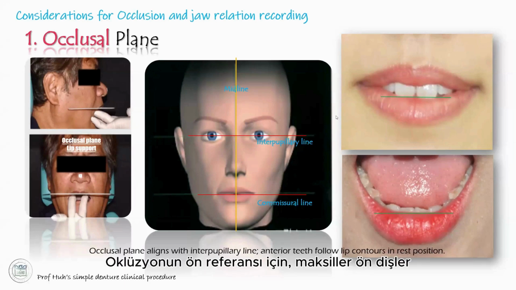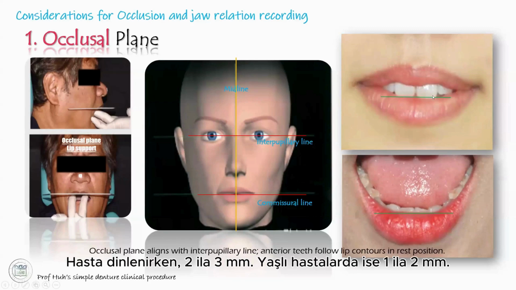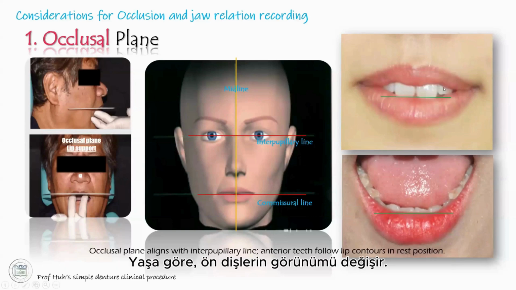The anterior reference of the occlusion is the maxillary anterior teeth. The maxillary anterior teeth should be visible about 2 to 3 millimeters below the upper lip when the patient is at rest. In an elderly patient, 1 to 2 millimeters. So according to age, the appearance of the anterior teeth changes, okay?